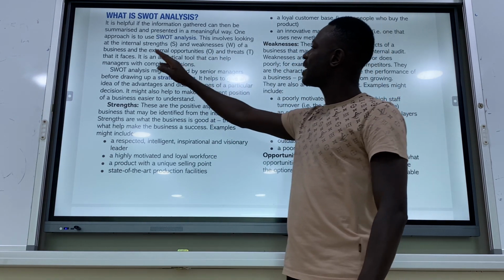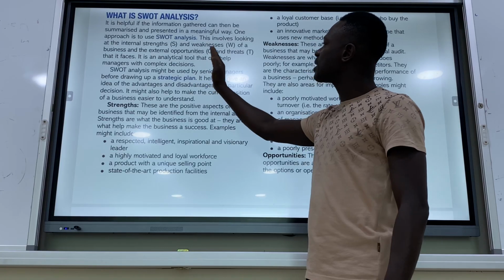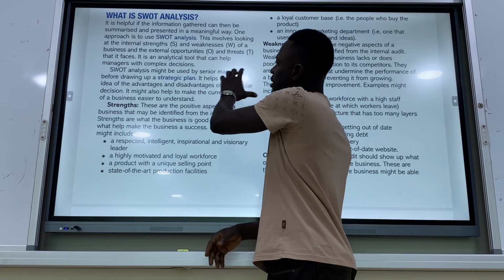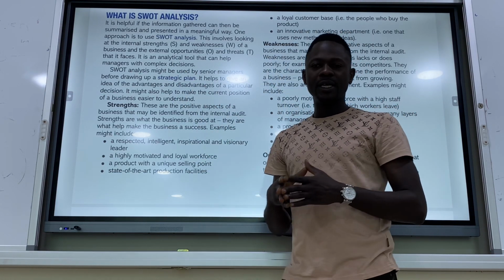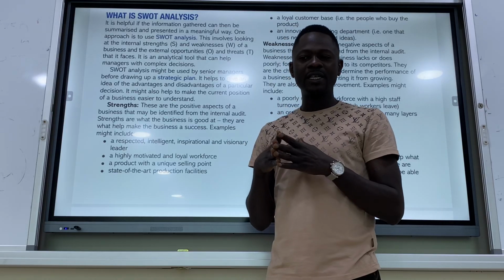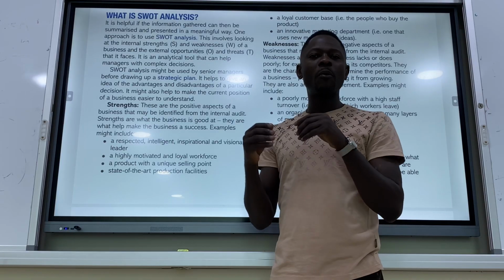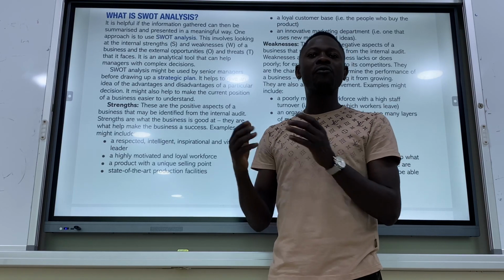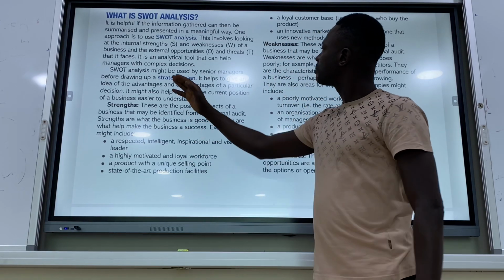It involves looking at the internal strengths and weaknesses of a business and the external opportunities and threats that it faces, which are beyond the control of the business. So we go on.